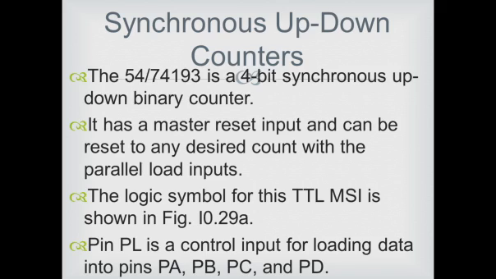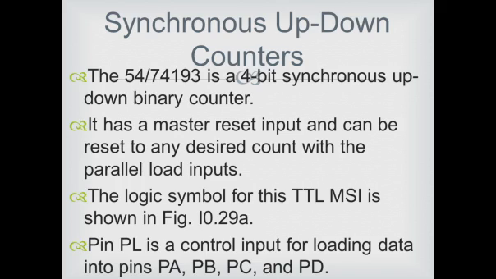That means when the master reset is activated, then all the flip-flop outputs are going to be reset. That means they are going to be 0, 0, 0, 0. QD is going to be 0, QC is going to be 0, QB is going to be 0 and QA is going to be 0. But the difference here is this.